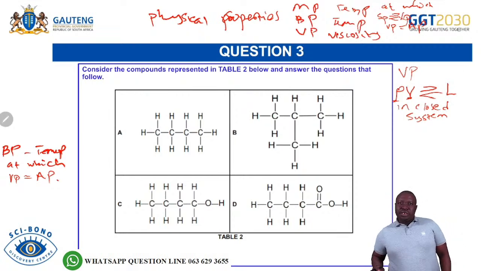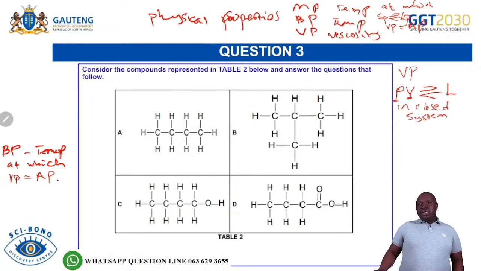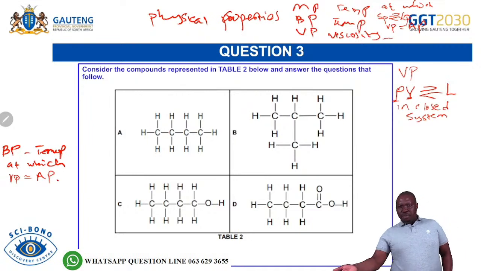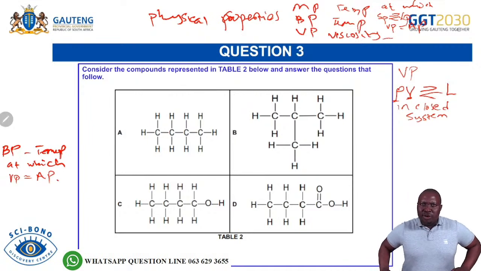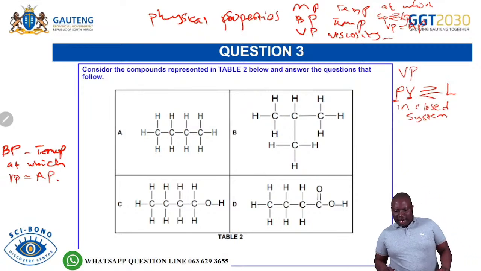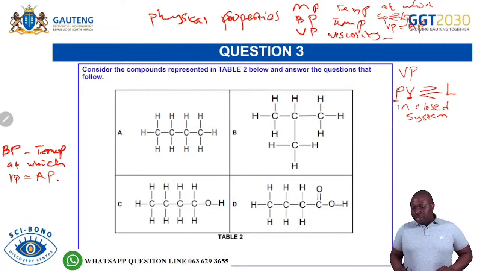And then viscosity as our last definition as well, to say this is the resistance of liquid to flow. So that is viscosity. You can pour water and oil, their viscosity is not the same. You will see that the water will flow much faster, but when it comes to your oil, it might take long to flow.